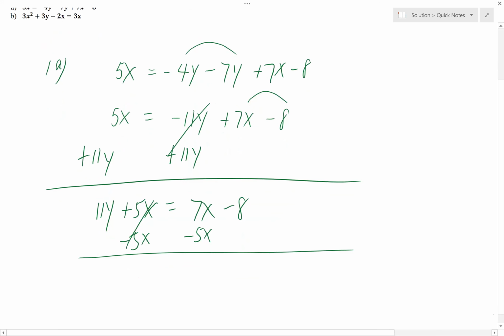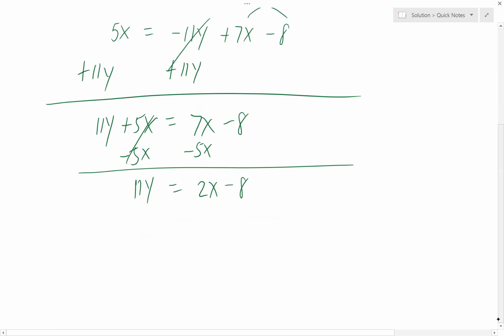Then we end up with 11y equal to 2x minus 8. Now the very last step, we divide by 11 across and cancel 11. We get y equals 2 over 11 x minus 8 over 11. This is exactly in the form y equals mx plus b.